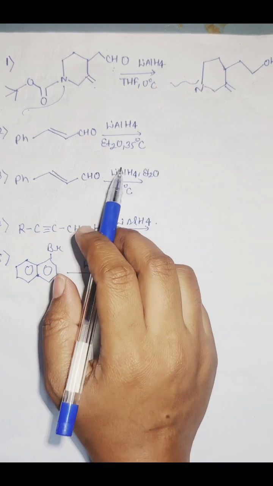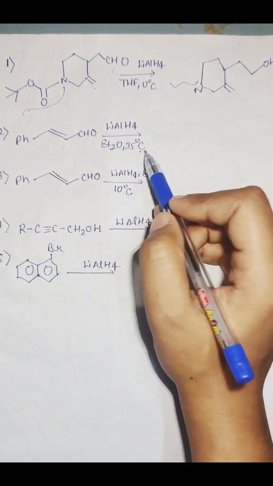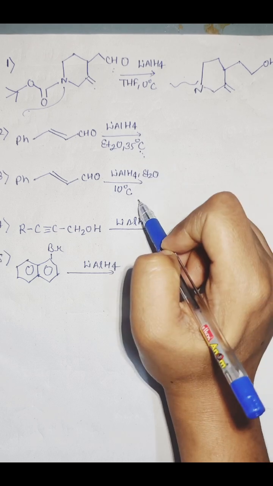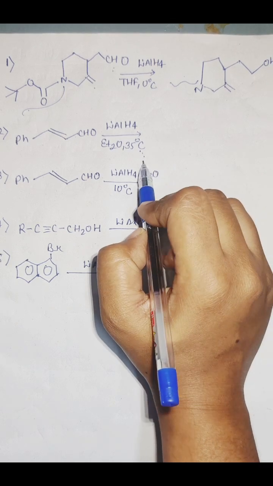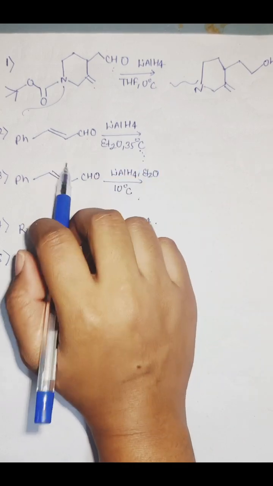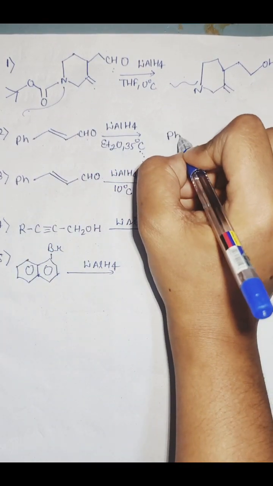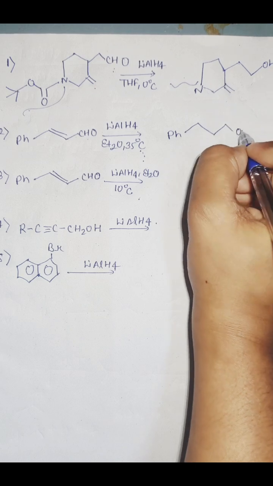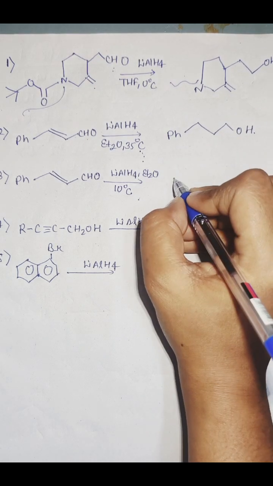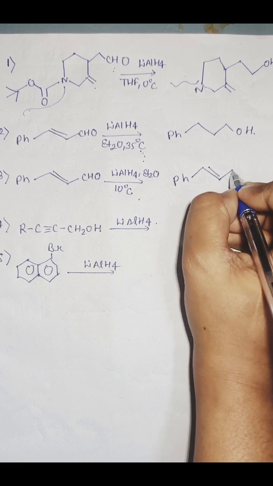Now this is a very interesting case. Here temperature is high and here it is low. In high temperature, CHO is converted into alcohol, and also the double bond is converted into single bond. And in low temperature, as usual, only the aldehyde gets converted into alcohol.